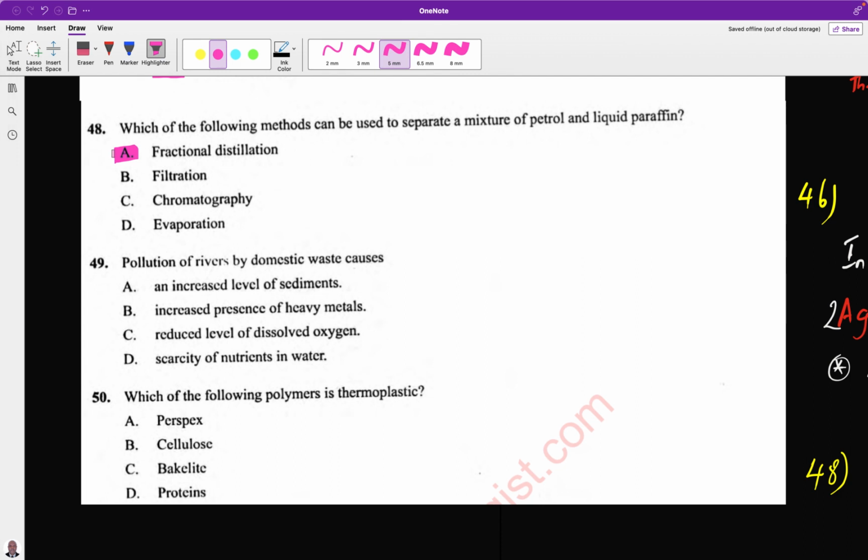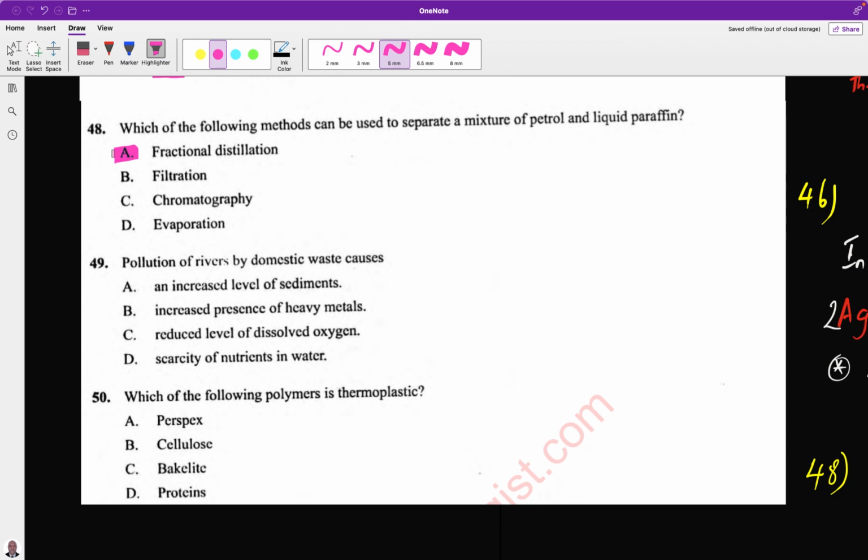So pollution of rivers by domestic waste causes an increased level of sediments. No. Increased presence of heavy metals. Heavy metals do not come from domestic activities. They can come from maybe mining activities or other industries.